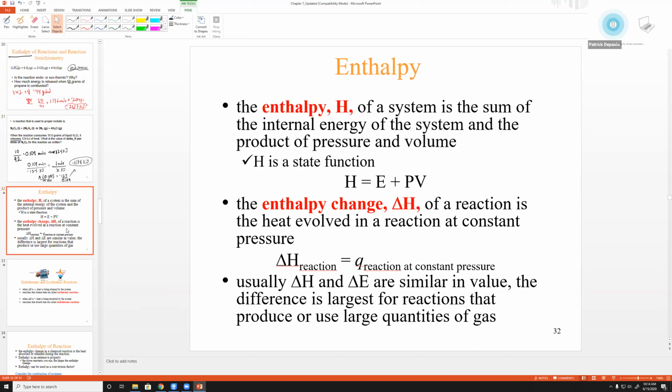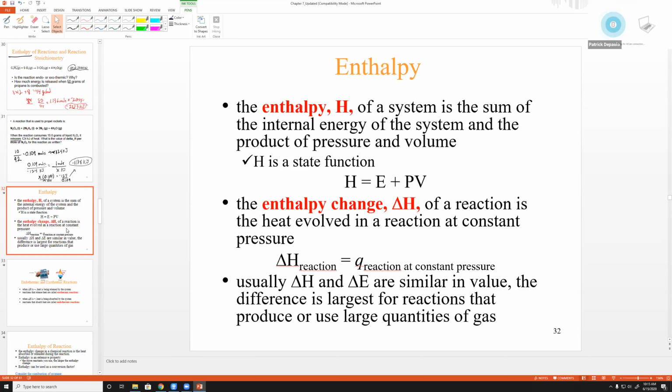So enthalpy, and here's the definition of enthalpy: the sum of the internal energy of the system and the product of pressure and volume. Basically, it's the energy associated with the reaction, because in a reaction you're going to have internal energy and pressure-volume energy involved.